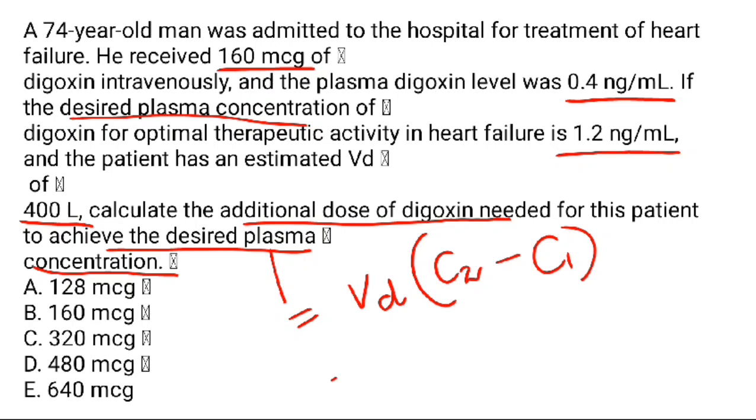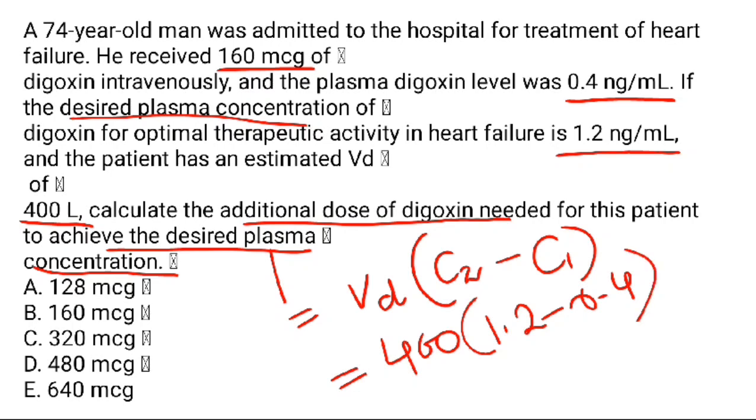Now Vd we know is 400 liters, C2 is 1.2 minus 0.4, C1 initial, and the answer when you calculate it through calculator will be 320 mcg. Option C is the correct one.